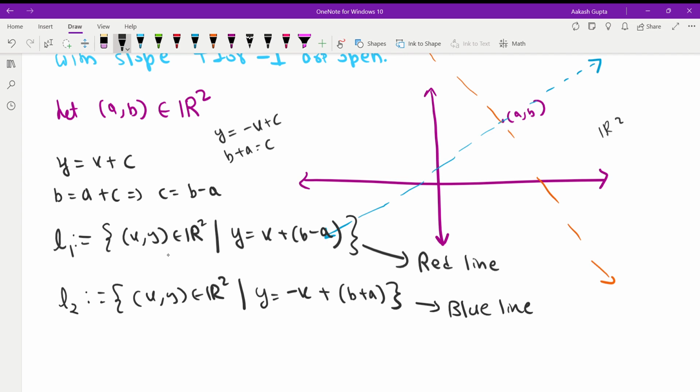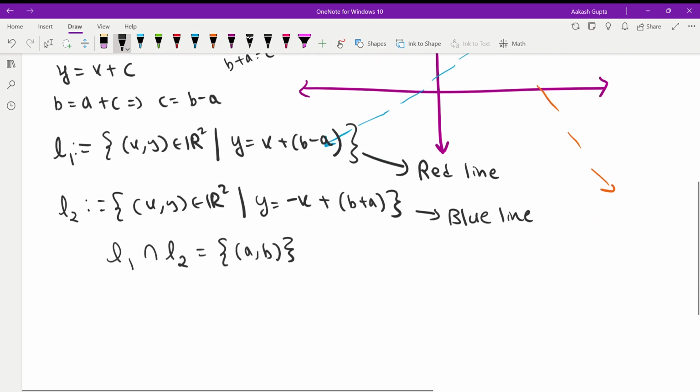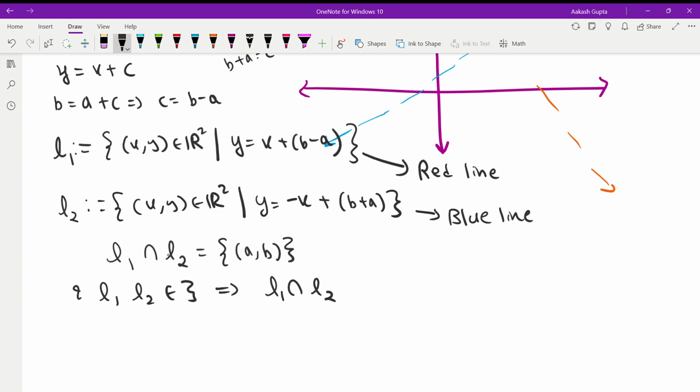What do you have, guys? L1 intersection L2 is the singleton (A, B). And L1, L2 belong to tau, which implies L1 intersection L2 should be in tau. Why? Because tau is a topology.